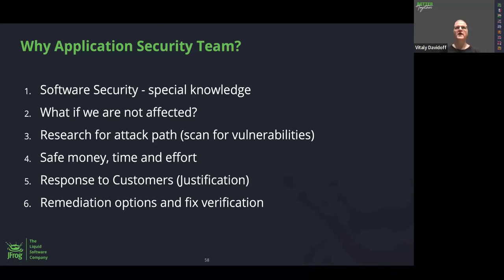Affected, not affected. Why is it so important? Because just think about it. If you are affected by Log4j, what do you need to do? You stop everything. You need to start to upgrade the version.